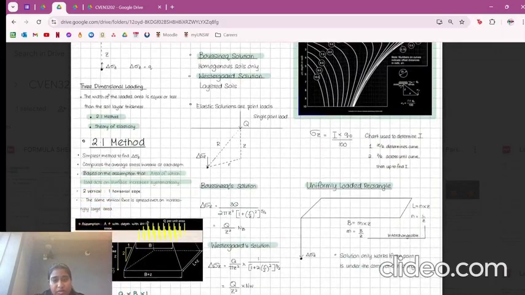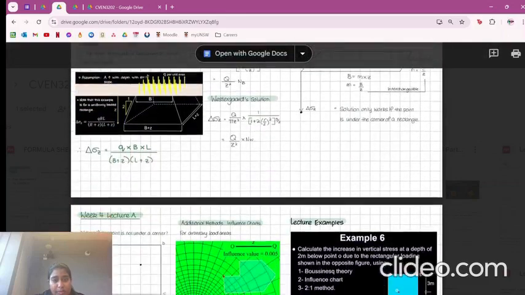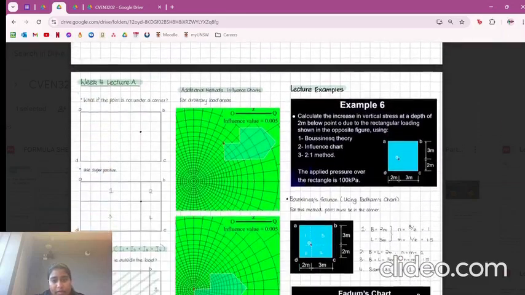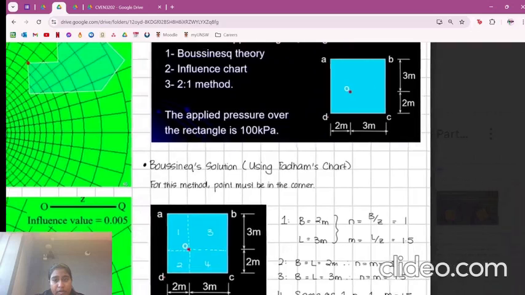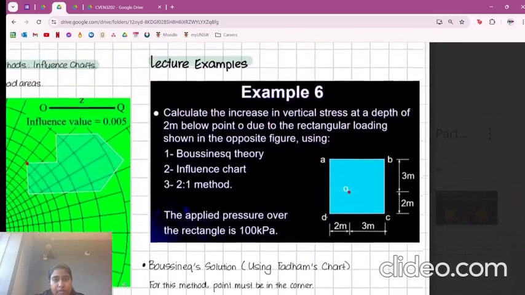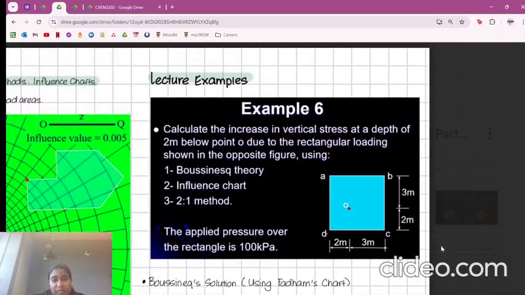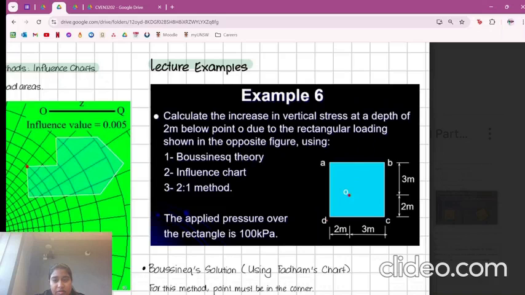I'll show you an example. Here we go. So here's an example from one of the lectures, where this is a very common diagram. It's just a plan view of the surface of the soil sample. I'll just read through the question.